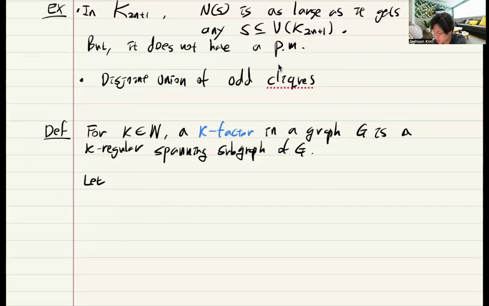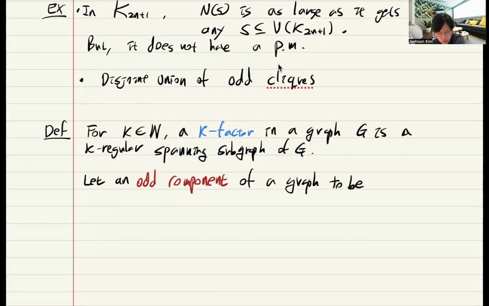And we define an odd component of a graph to be a component of odd order, a component of the graph which consists of an odd number of vertices.